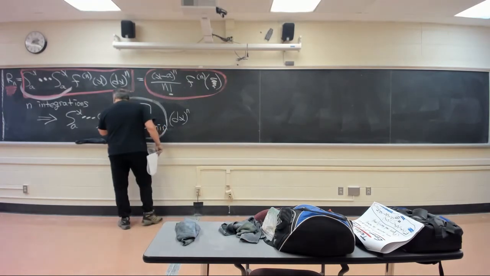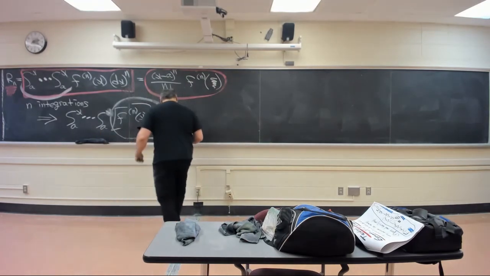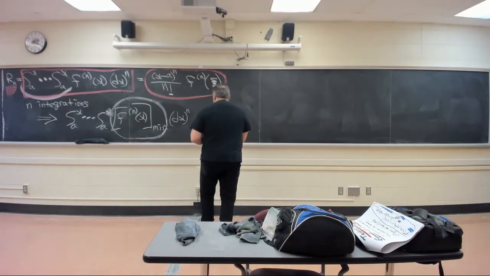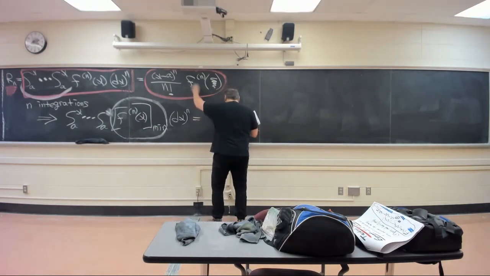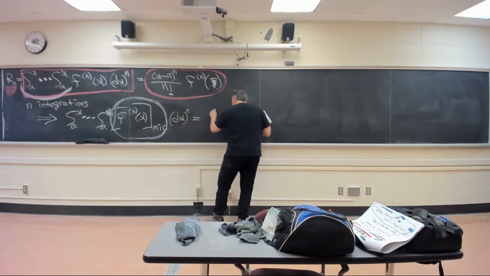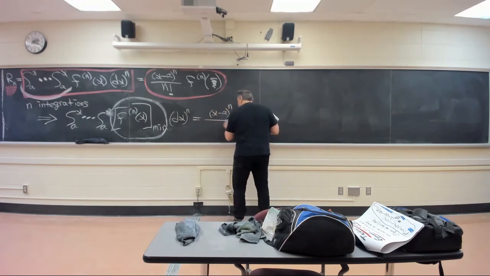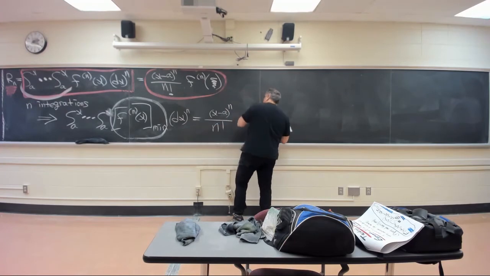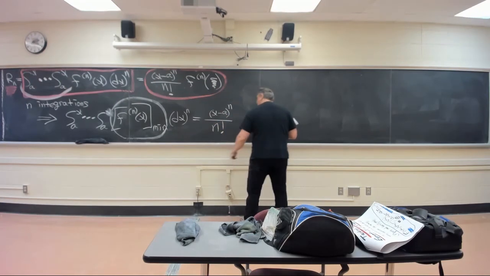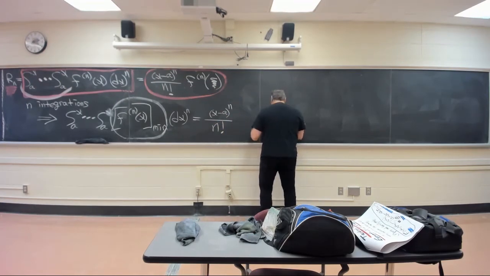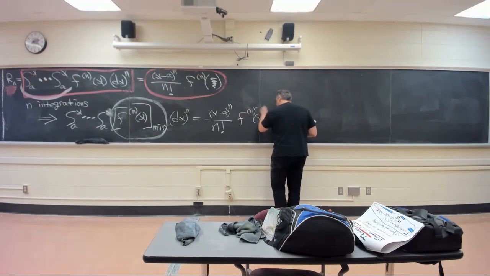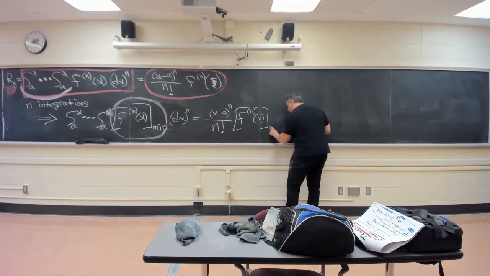So I'm going to integrate. That's the argument. You're going to see what I'm doing in a second. I'm going to integrate n times. It's the same kind of business that happened over here. It's going to be (x minus a) to the n over n factorial. It doesn't matter if I have this on the back end or on the front end. If it's in front or in back, it doesn't matter the way this is working out. And it's the nth derivative of f at x min.